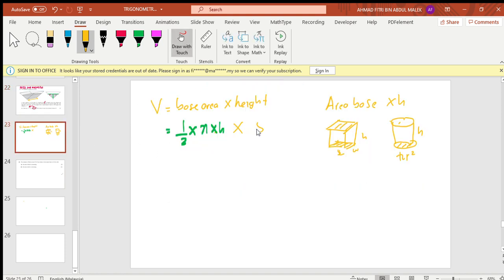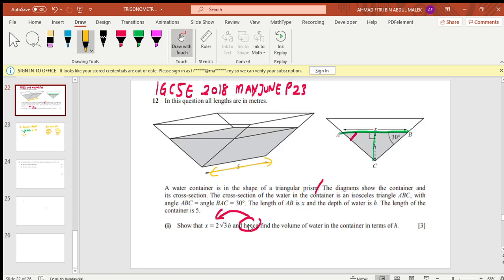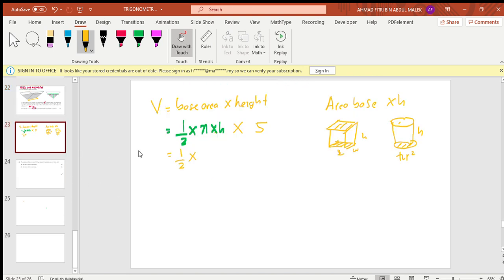So one half, using your x here, 2 sec 3 h, times h times 5, you will get 5 sec 3 h squared for the area.